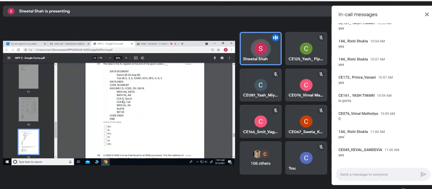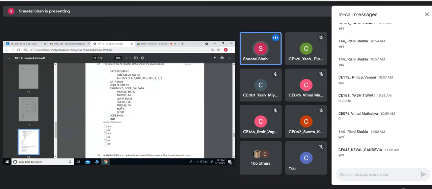The SI register is initialized with data 1. The BX register is initialized with the offset value of this lookup table, tab. Then the AL register is initialized with 6.